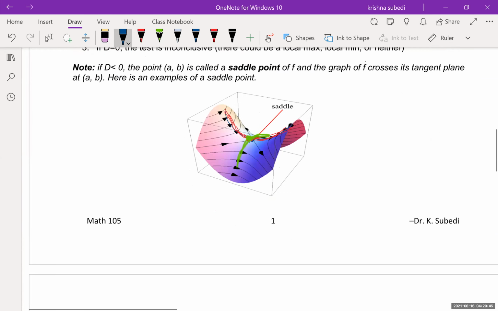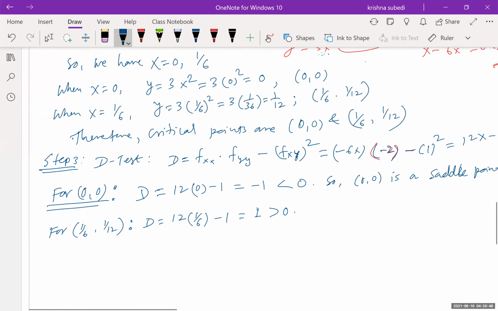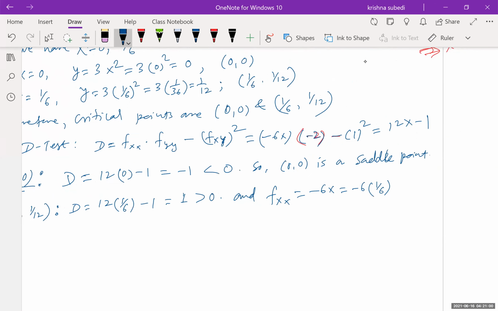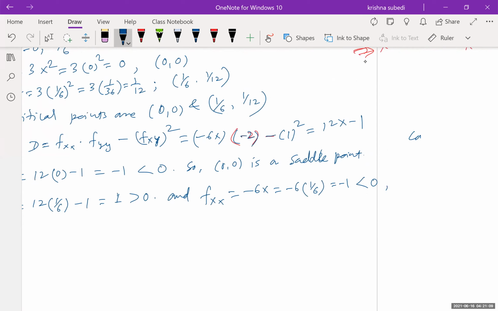So let's check that. D is positive, and your f sub xx is negative 6x, which means negative 6 times 1/6. So that's going to give you negative 1, which is negative, right? So when the second derivative is negative, you're going to get concave down.